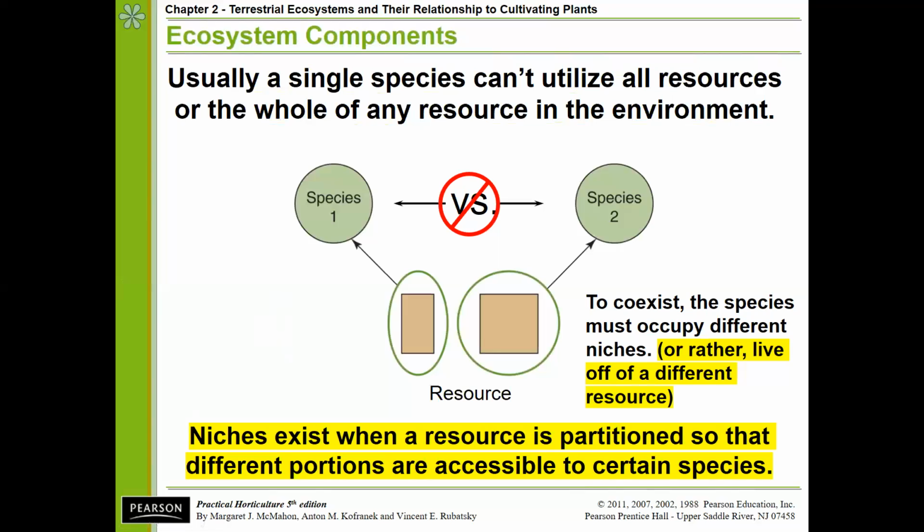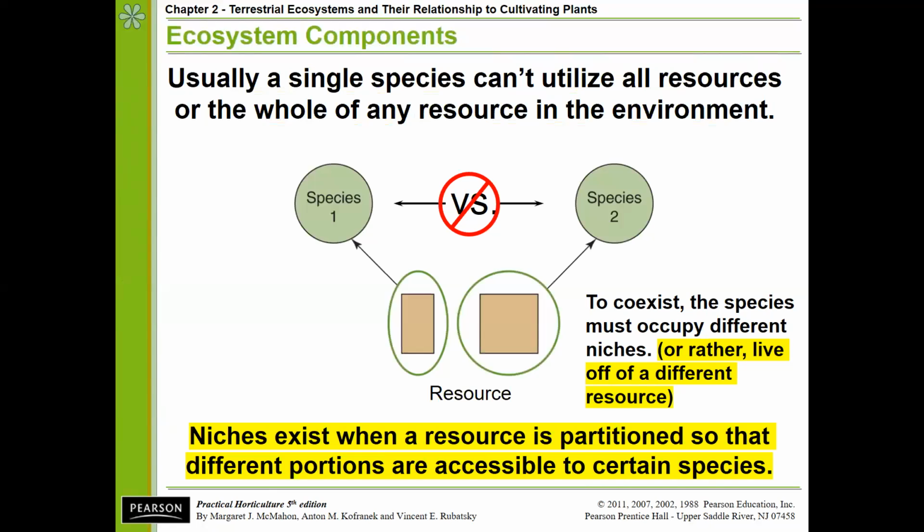A niche exists as the habitat and the resources being partitioned for that organism in that habitat. An example of a niche we talked about: warblers, birds feeding in a tree. They could be feeding off of the same insect, but at different heights in the tree. So it's the same resource, but a slightly different niche in terms of habitat.